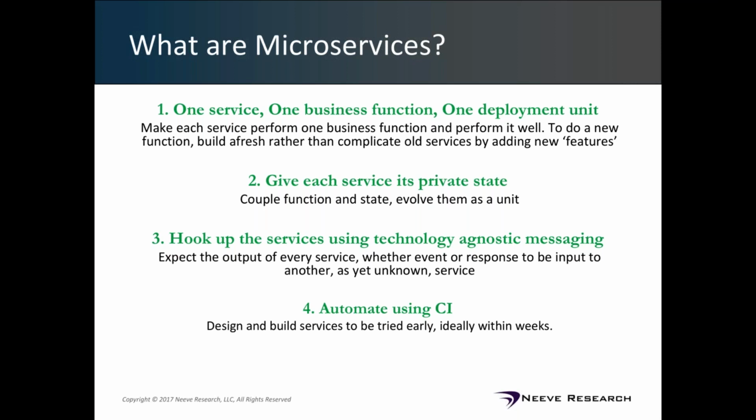And this independent unit, which is a microservice, is hooked up with other microservices using messaging. It needs to be done using provider-agnostic messaging so that you can have a disparate set of messaging technologies, paradigms, and patterns at your disposal in order to allow for the system to organically grow as these services are built out and hooked up into the overall microservices environment.